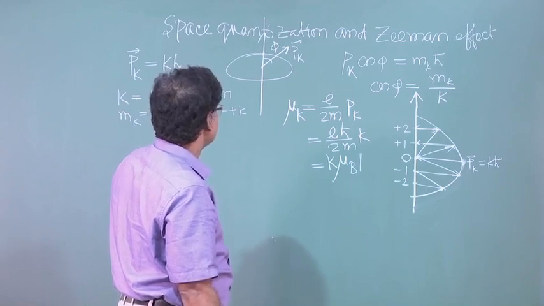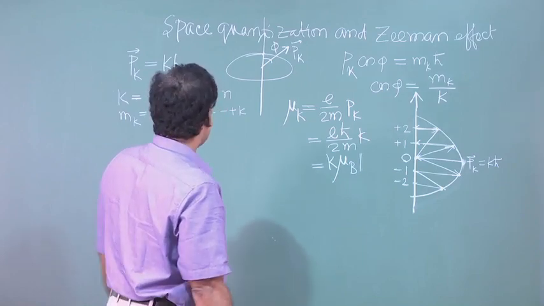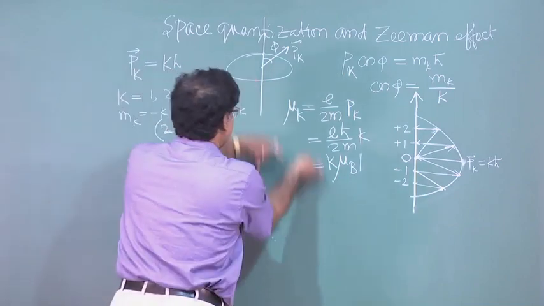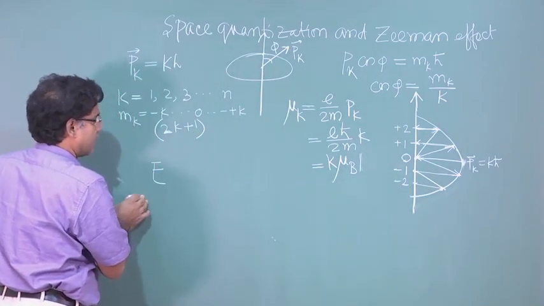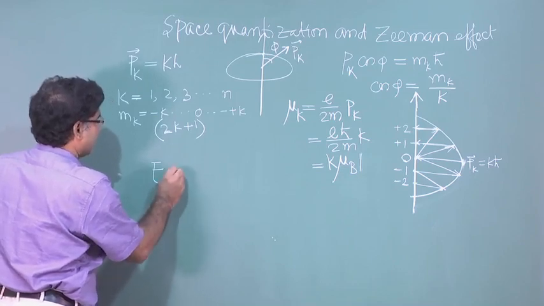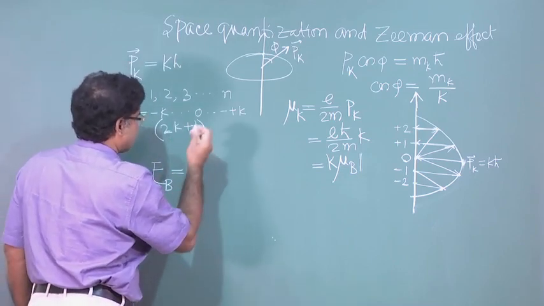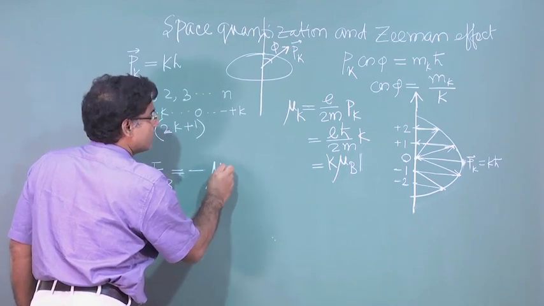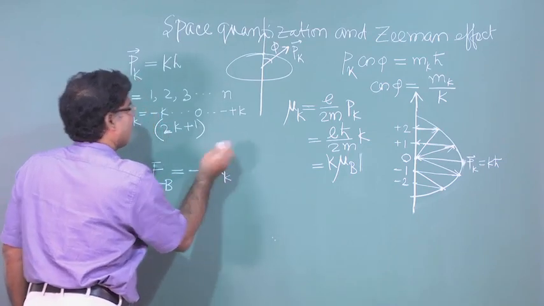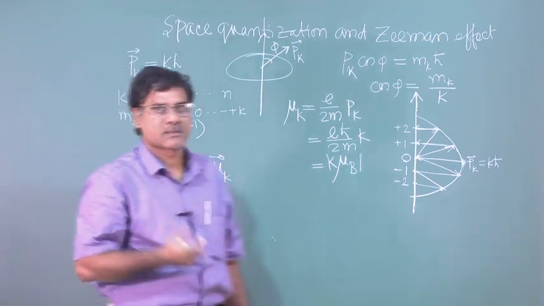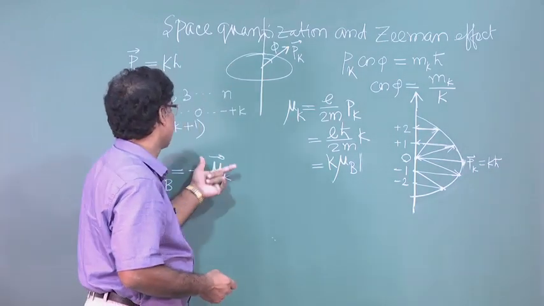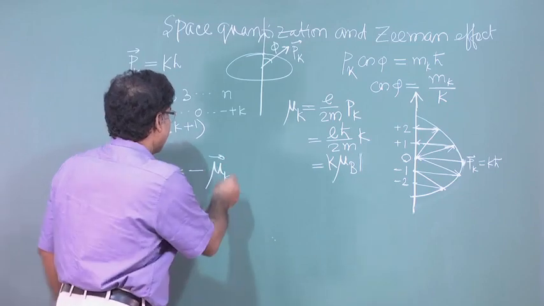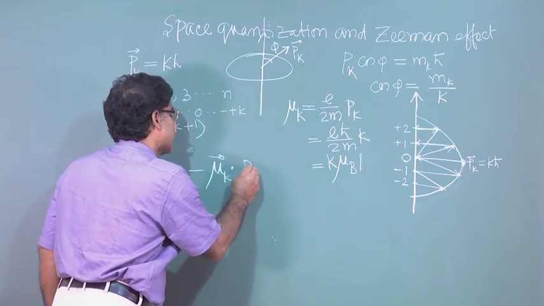Now, when we apply a magnetic field, the energy due to the magnetic field is defined this way: if the magnetic moment of this atom or electron is mu k, and we apply a magnetic field, its potential energy will change.